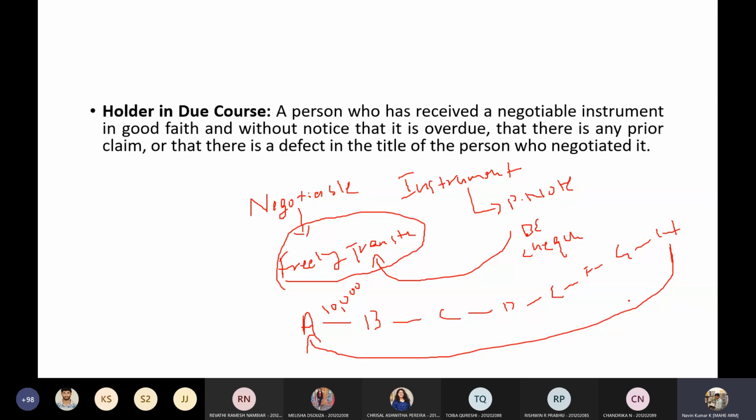If it passed through the hands of 10 people, 1 lakh transaction might have happened without paying a single rupee. Did anybody pay here? No, they did not pay anything. They gave just a negotiable instrument. That's it. It passed on, and once again came back to the drawer.